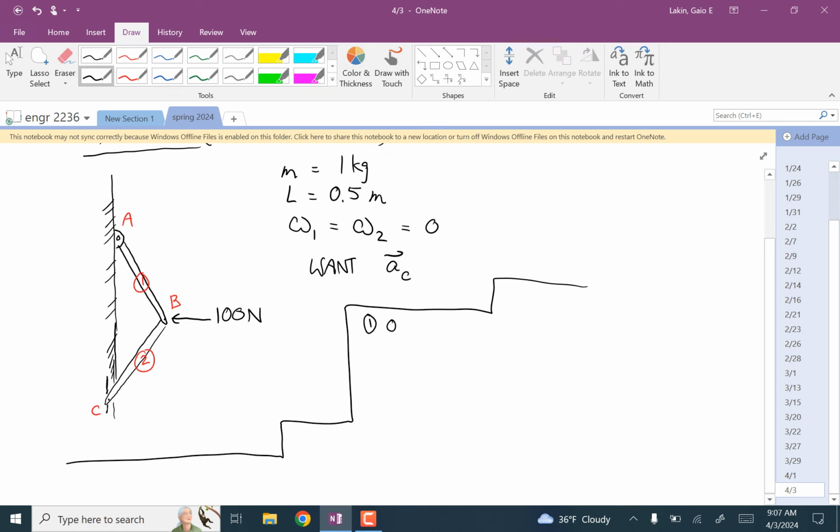So we had 0.492 F12x plus 0.087 F12y minus 0.083 repeating alpha 1 is equal to 49.67.